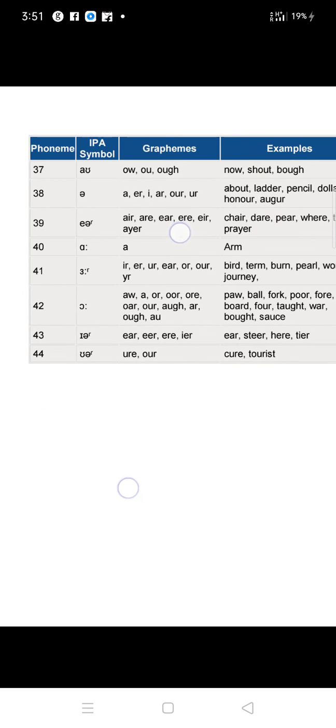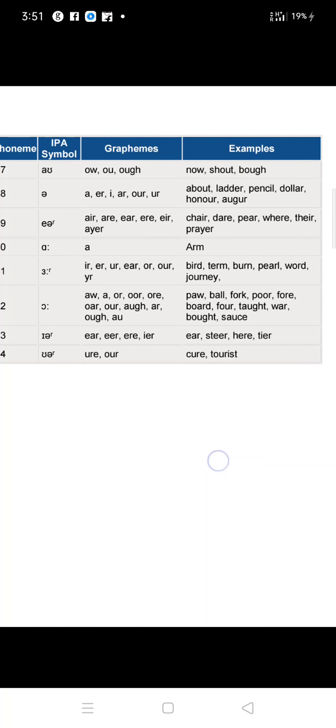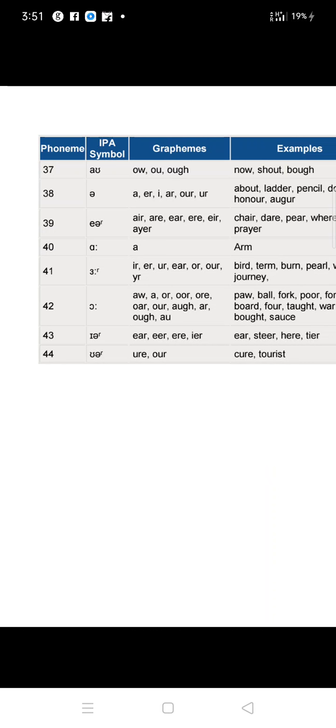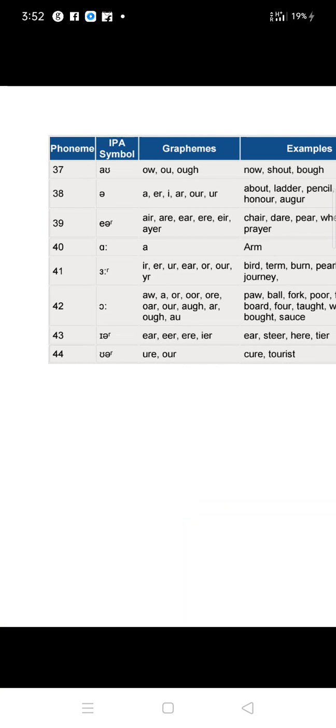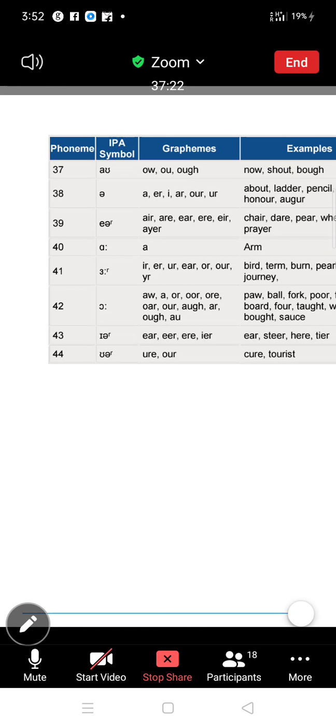It's number 43, not 44. So in this way, you have to transcribe.